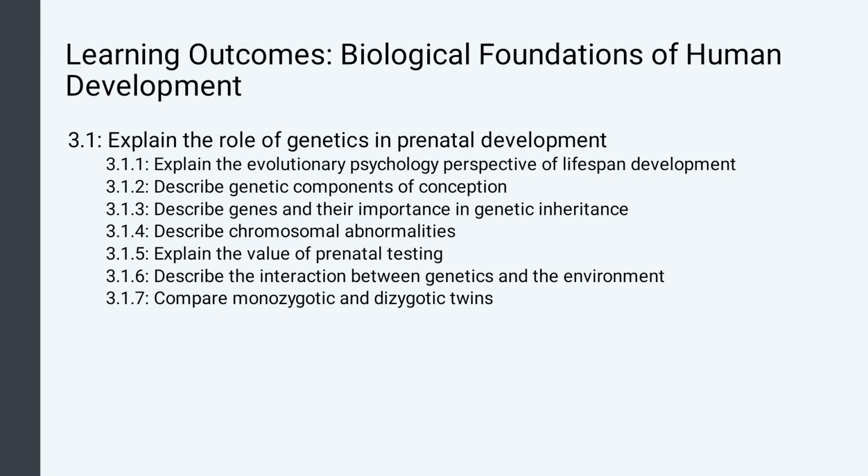We have: explain the role of genetics in prenatal development, explain the evolutionary psychology perspective of lifespan development, describe genetic components of conception, describe genes and their importance in genetic inheritance, describe chromosomal abnormalities, explain the value of prenatal testing, describe the interaction between genetics and the environment, and compare monozygotic and dizygotic twins.